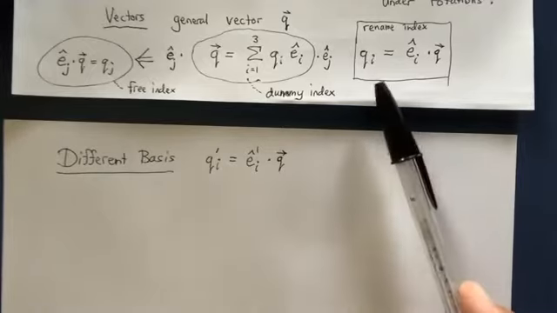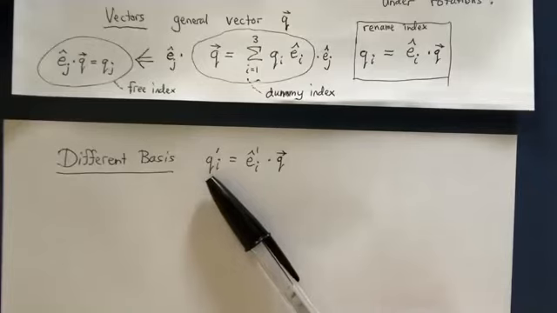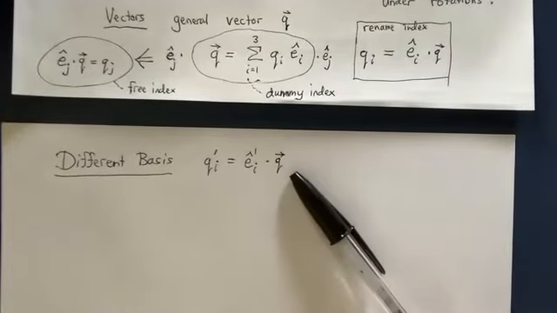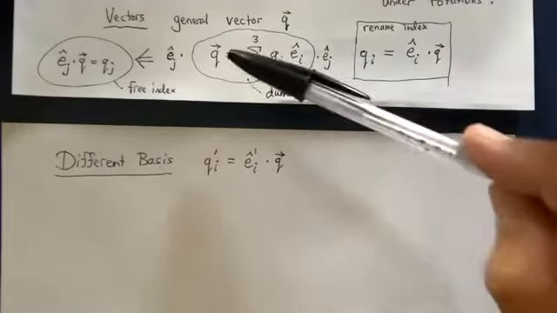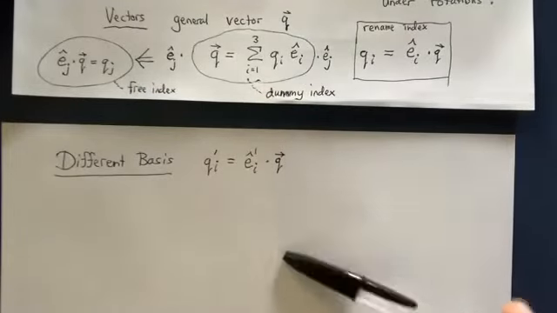The scientists in the original frame have these three components, and in the other frame, the primed frame, we have Q1 prime, Q2 prime, and Q3 prime. Okay, so what we can do now is plug in our earlier result. This formula here, we plug it in here, and we get something remarkable.